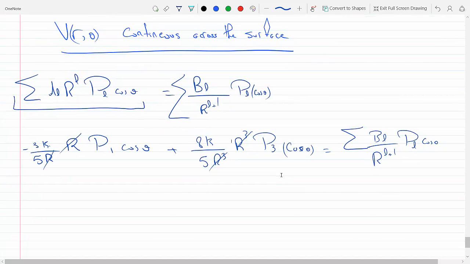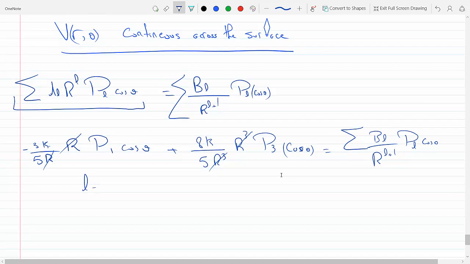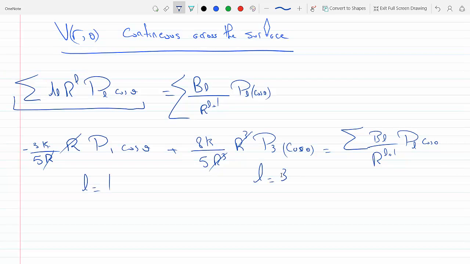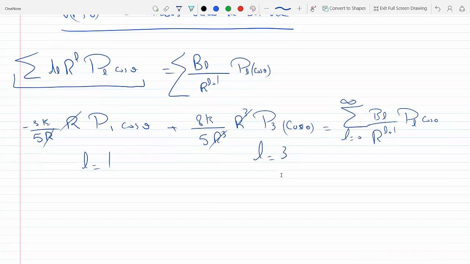Now again, only two terms survive. On the first one L equals 1, and on the second one L equals 3, because the rest of the coefficients have to be 0. There's no P2, P4, P0, P5, P6, and so on and so forth.